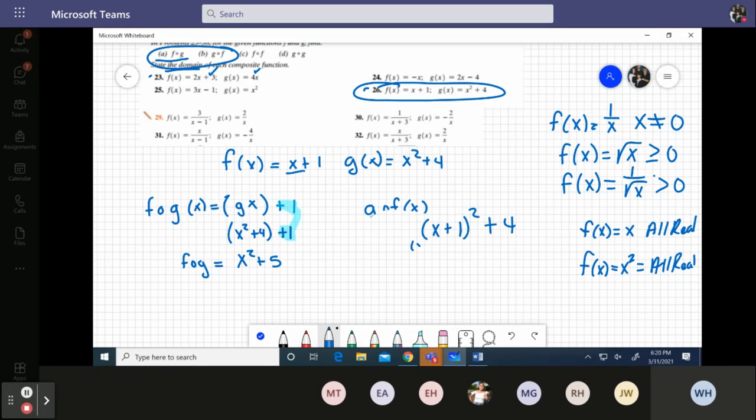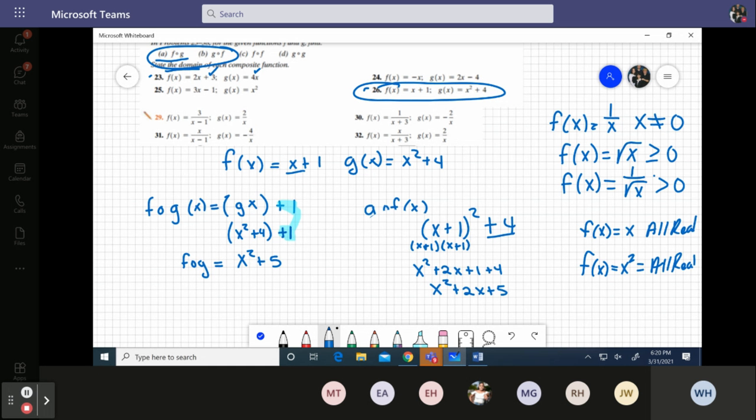When I FOIL out the x plus 1, I've got x squared plus 2x plus 1. And don't leave that last guy behind, right? Yes? Okay.